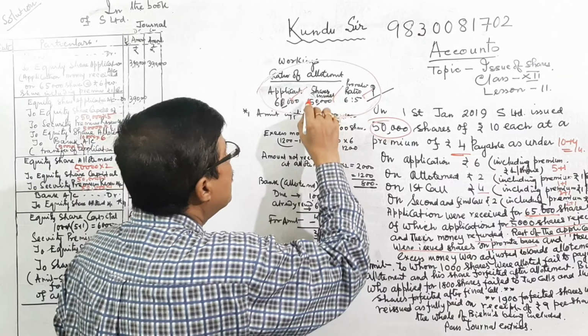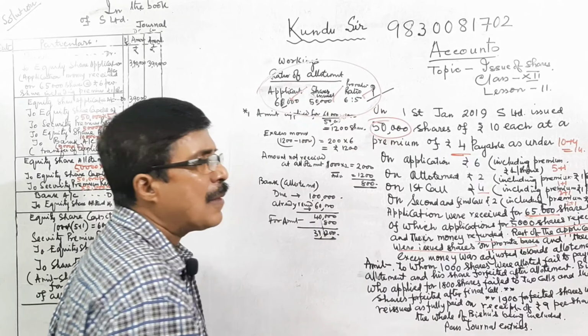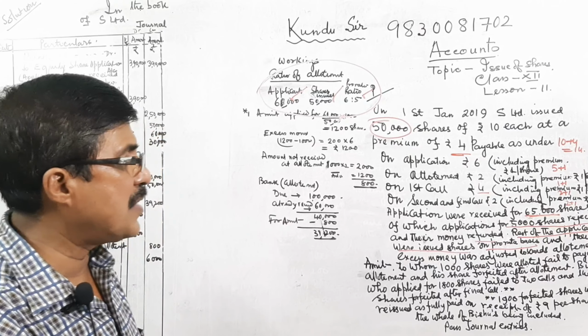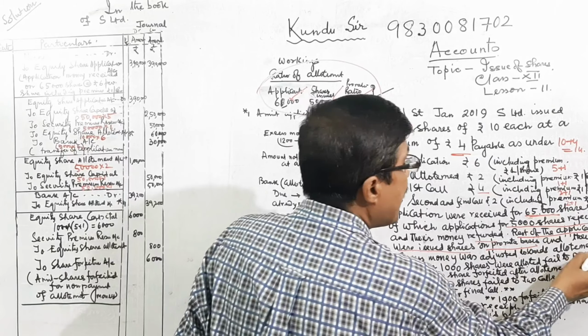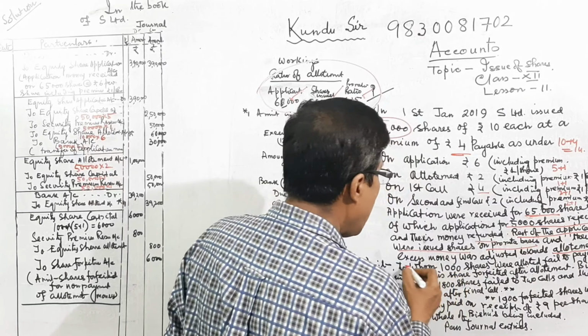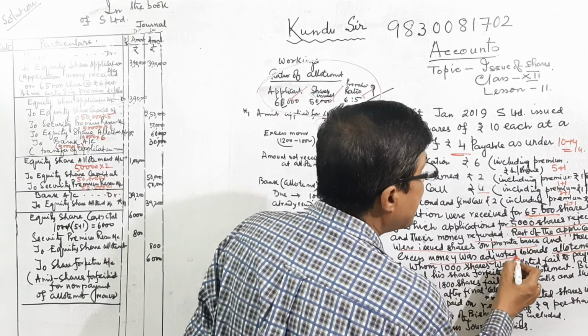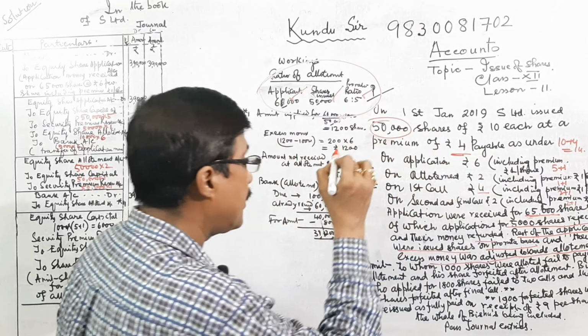We are giving 50,000 shares, then the excess application money for 10,000 shares we are transferring to the share allotment account, adjusted towards share allotment.